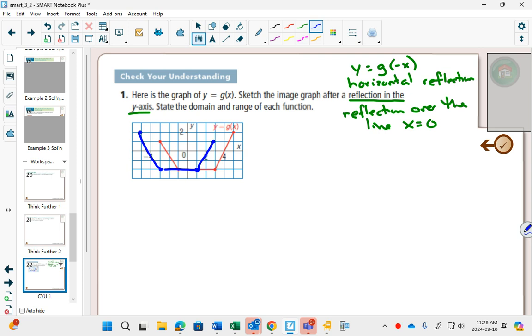Sketch the image graph, state the domain and range. Right now I have a confession to make. I taught period 6 class, and I did the last question with them. And you know how yesterday I said how important it was over and over again to reread the question? And the last question I did with you guys, I didn't reread it, and we forgot to label asymptotes.